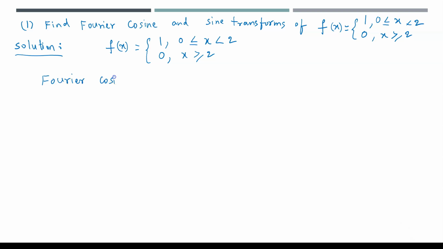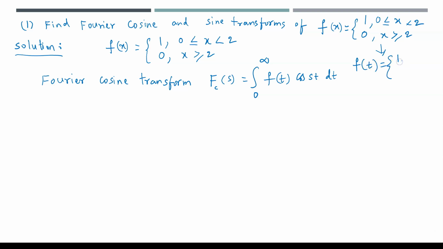Here Fourier cosine transform is Fc(s) equal to integral 0 to infinity f(t) cos st dt. Okay, here the function is given in terms of x, so we can modify this function in terms of t. So here f(t) equal to 1 when 0 less than or equal to t less than 2, 0 when t is greater than or equal to 2.